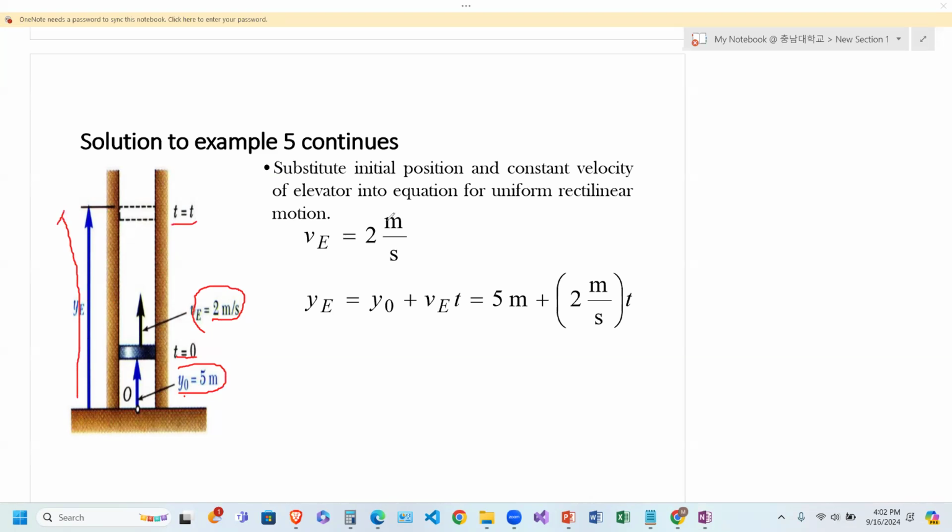Remember, the velocity VE was 2 meters per second. That was the velocity it moved with.